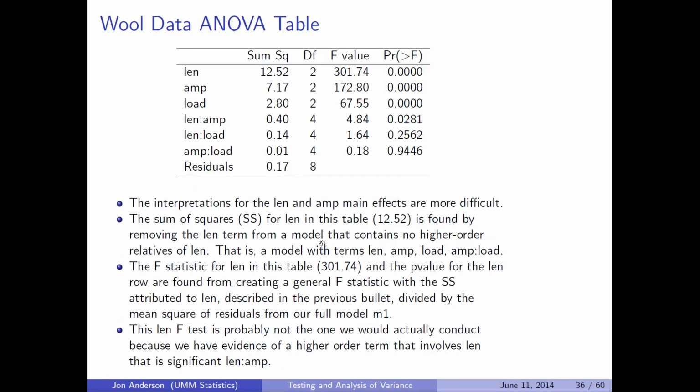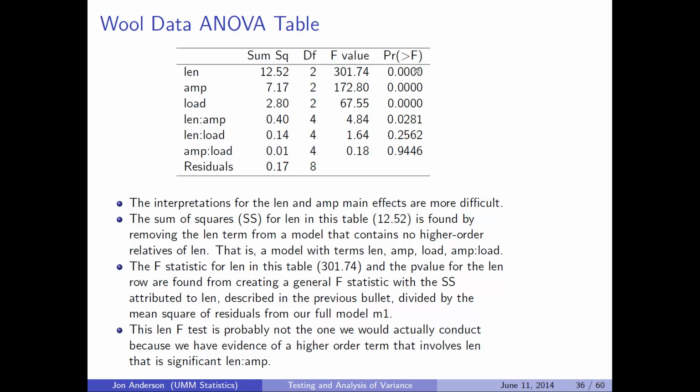If we wanted to examine another main effect like len or length, when we look at our overall ANOVA table from M1, where does this 12.52 sum of squares come from? Well, it comes from removing length from a model that doesn't have any higher order relatives. In other words, a model that would have amplitude and load and amplitude by load interaction, and then we would remove the length term to get that sum of squares.